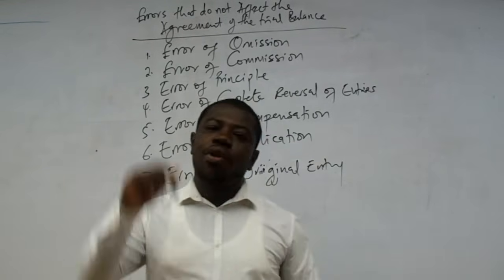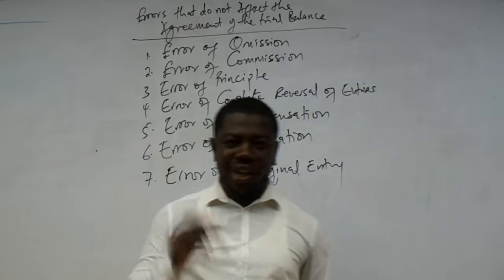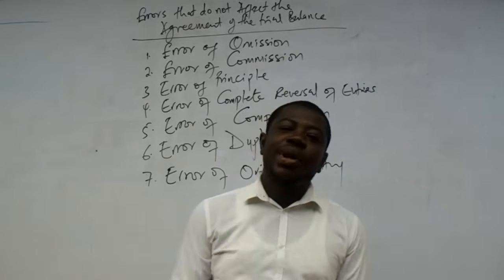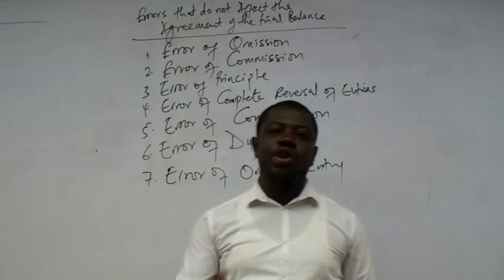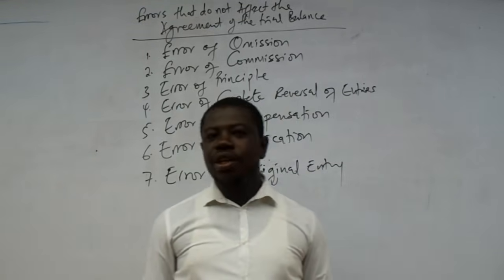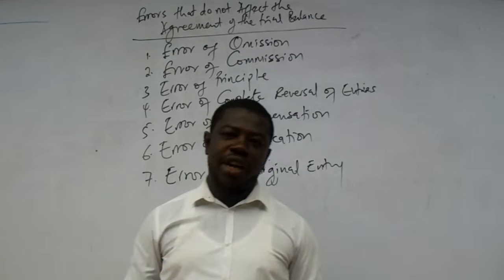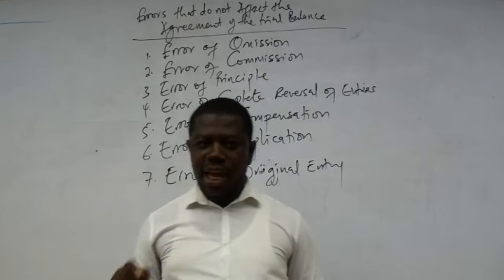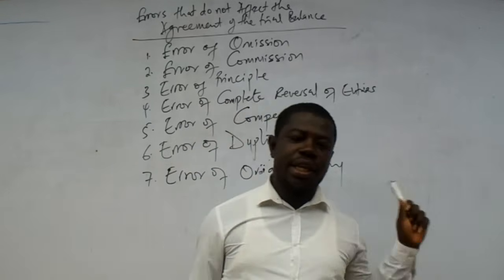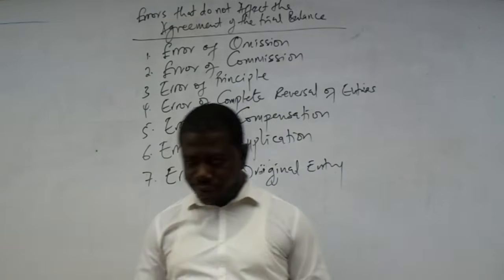These are errors that are committed in the day books or the journals, and they are carried as such to the ledgers. So when you are preparing your day books and you commit an error, and you don't correct it over there, and you are posting from the subsidiary books to the ledgers, and you post the error, then it's an error of original entry.